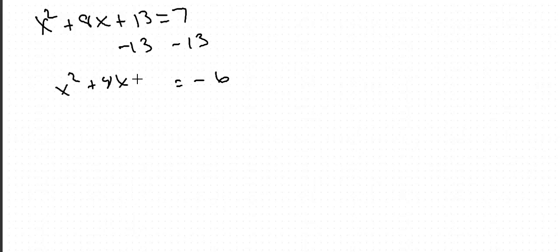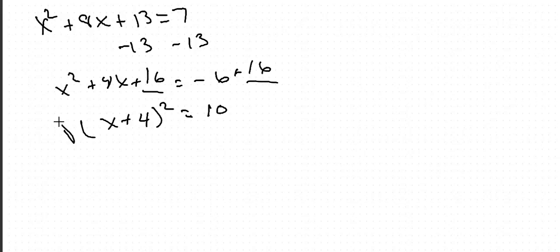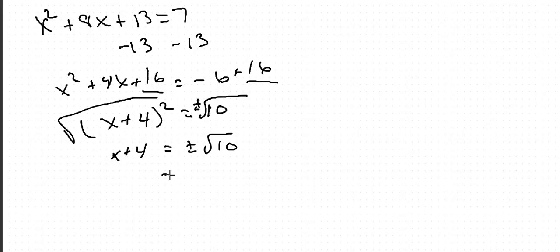Now you have to solve by completing the square. Half of 8 is 4. 4 squared is 16. So that'd be 10. And on the left side you get x plus 4 squared. Square root it. X plus 4 equals plus or minus square root of 10, minus the 4. X equals minus 4 plus or minus square root of 10. Okay.